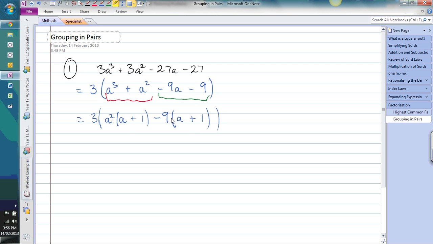What I'm going to do is think about this whole a plus 1 here as one clump, as one term. Okay, so I'm treating it as if it was just an x or a y or some pronumeral, but the whole a plus 1 is what I'm thinking of as one unit. And you'll notice that there's also an a plus 1 over here.